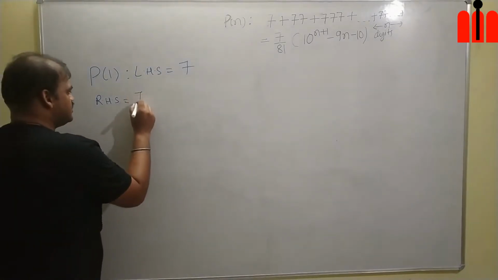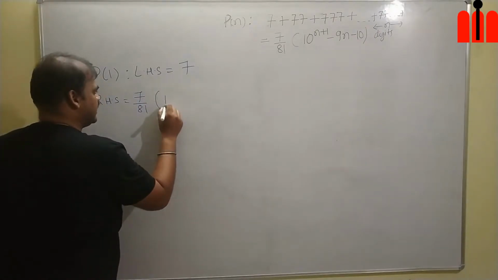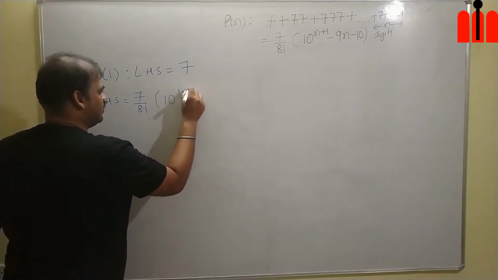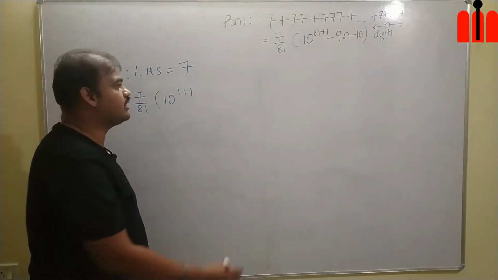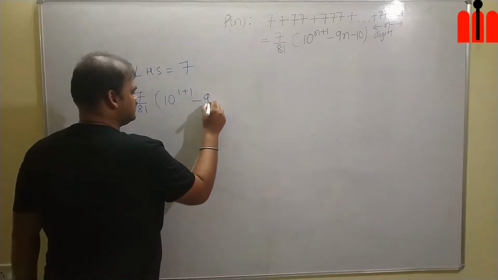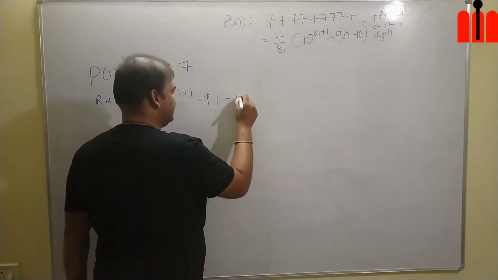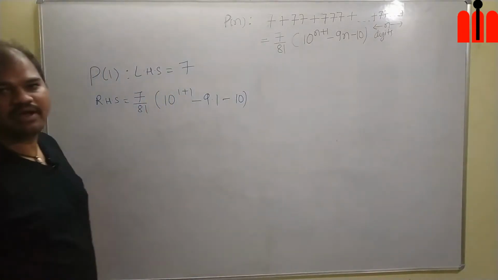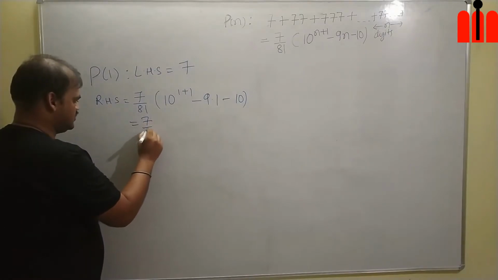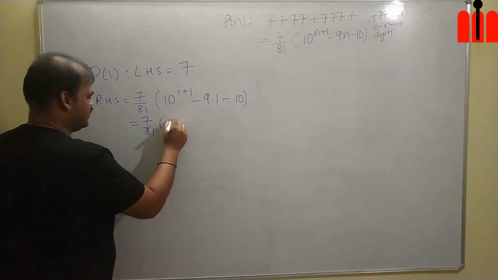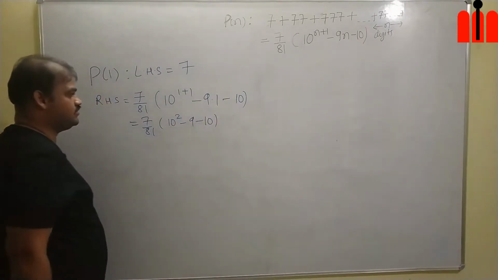So it will be 7 by 81 into 10 to the power of 1 plus 1. I have substituted 1 in place of n. Minus 9 into 1 minus 10. This will be my RHS. Let me solve this. 7 by 81 into 10 squared minus 9 minus 10.